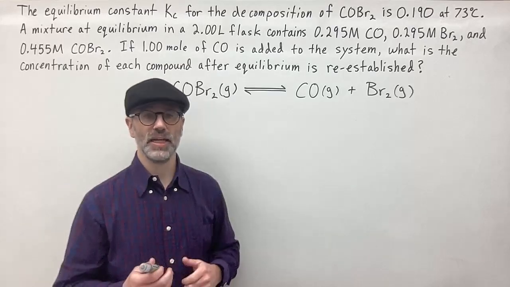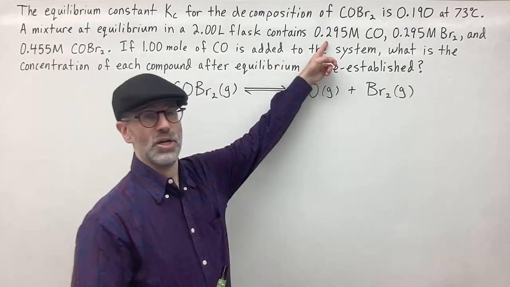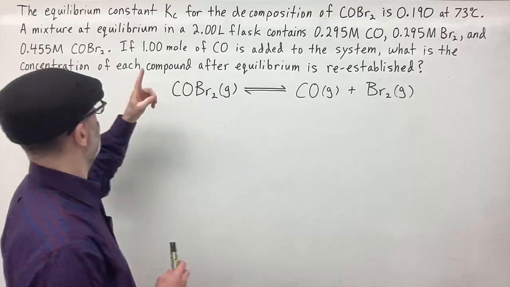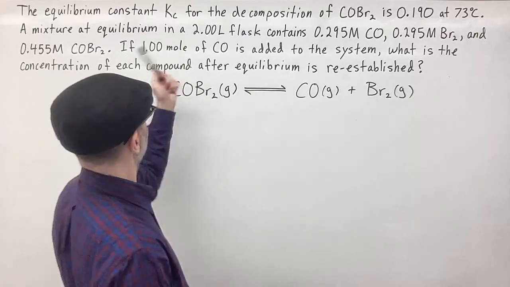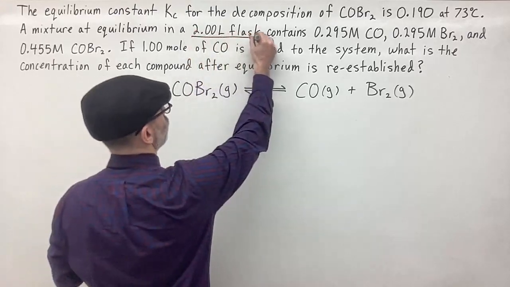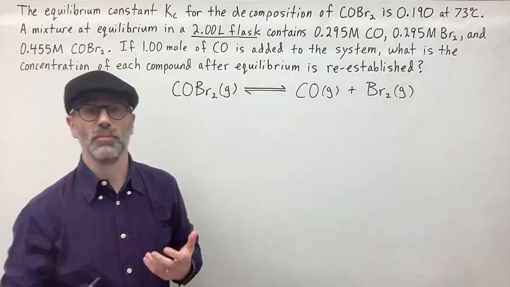And they gave us the concentration of CO right here, and we have the volume of the flask in liters right here. And so we can use that to find out the number of moles.